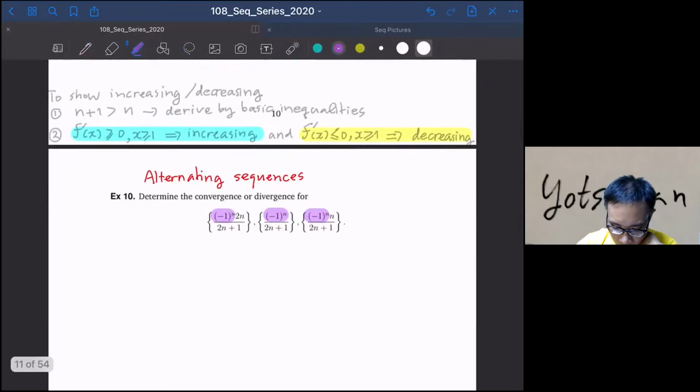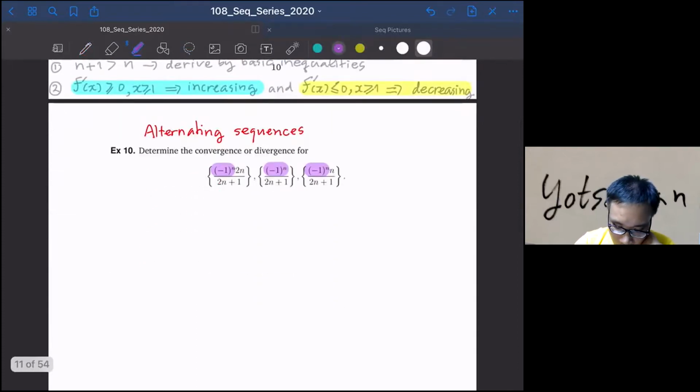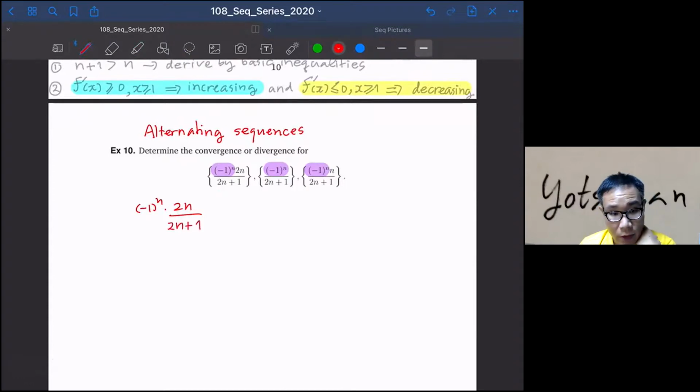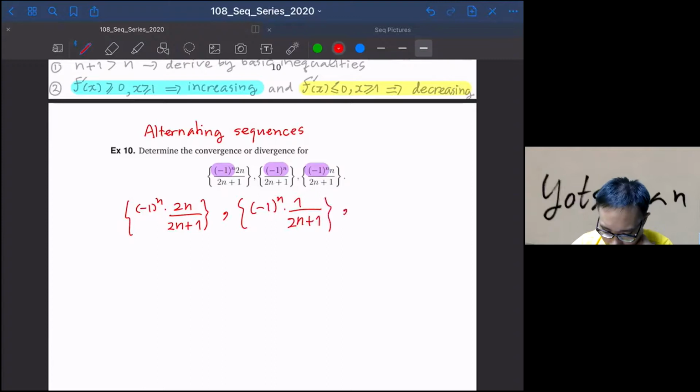So the first one is (-1) to the n times 2n over 2n plus 1. The second sequence can be written as (-1) to the n times 1 over 2n plus 1. And the third one is going to be (-1) to the n over 2n plus 1.